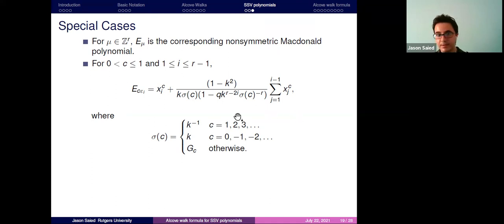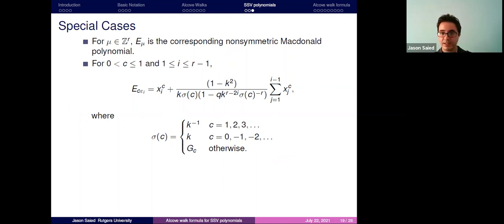Its leading term is xi to the c, and the lower terms are just some ugly looking scalar times a sum of the lower xi. Here the sigma function that shows up, sigma of c, is just k inverse if you have a positive integer, k if it's non-positive, and a g otherwise.